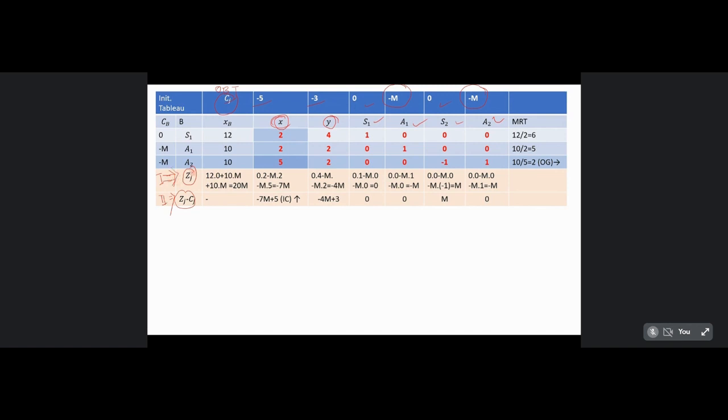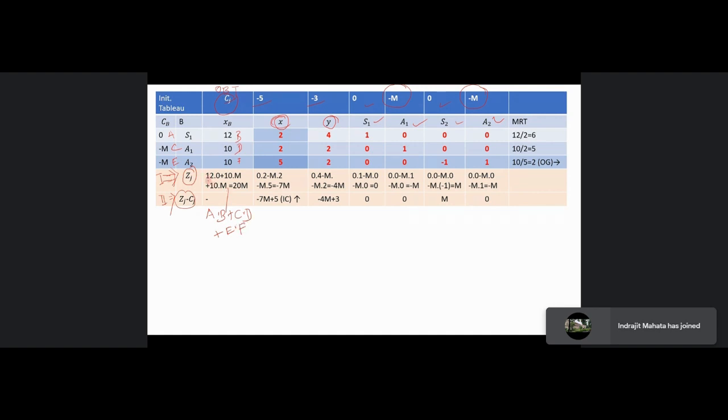We will compute z1. z1 is say if we write it a and then b then c then d then e, here say f, then this quantity is a dot b plus c dot d plus e dot f.